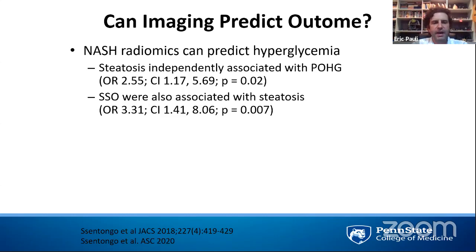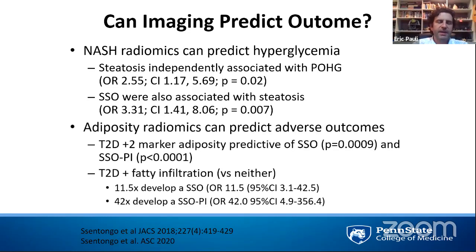If you look at imaging and determine that a patient has NASH on imaging, it actually predicts postoperative hyperglycemia in hernia patients. Surgical site occurrences are associated with this finding. If you look at fat distribution, adiposity can predict adverse outcomes.